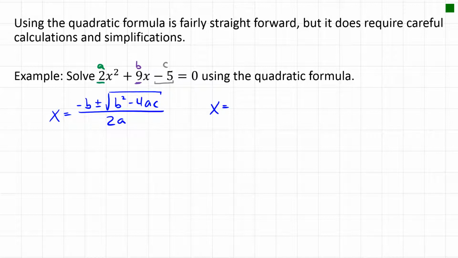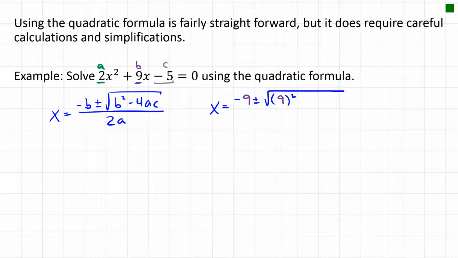Now let's go ahead and start substituting these values. So x is equal to negative the b value, so that would be negative positive 9, so negative 9, plus or minus the square root of b squared, and b is 9.